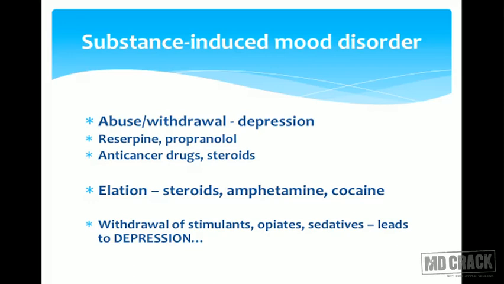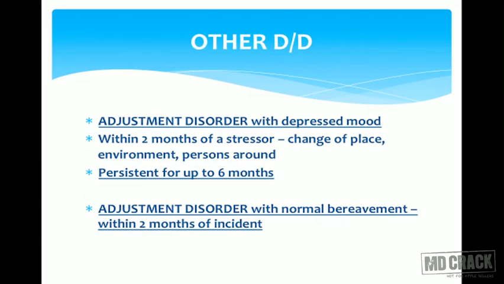Steroid use for chronic periods or in high doses can lead to elation. So also, the sympathomimetic drugs like amphetamine and cocaine can lead to elation. Withdrawal of stimulant drugs, withdrawal of opiates and sedative hypnotic drugs often leads to depression. So these are some of the substances which are associated with mood disorder.